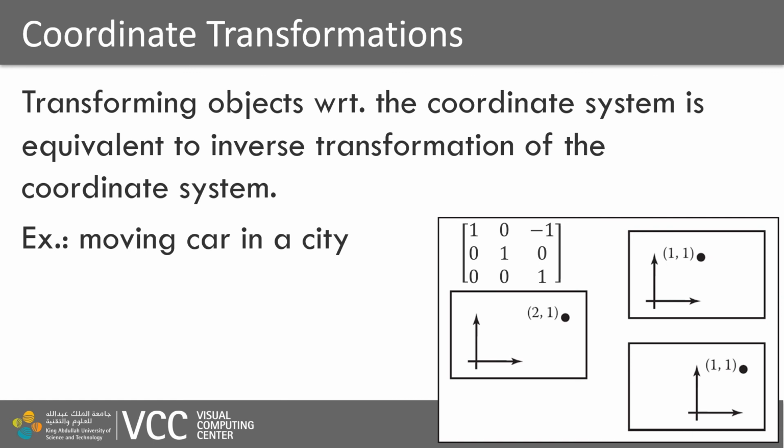We are translating a point to 1 by this matrix, which has this translation -1, 0. So it will simply move the point to the position 1, 1.